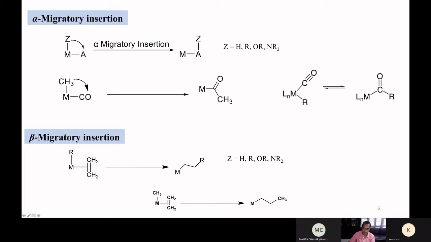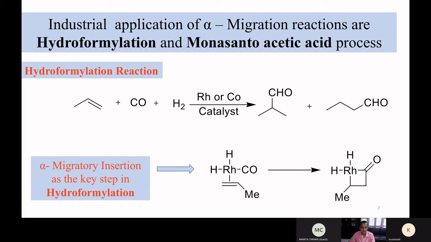So you get carbon monoxide back as well as methyl on the metal. Forward is insertion, reverse is elimination. Similarly for beta, beta migratory insertion and beta elimination. These are very important transformations, just like oxidative addition as well as reductive elimination.